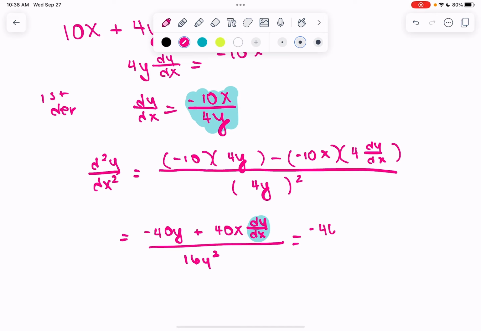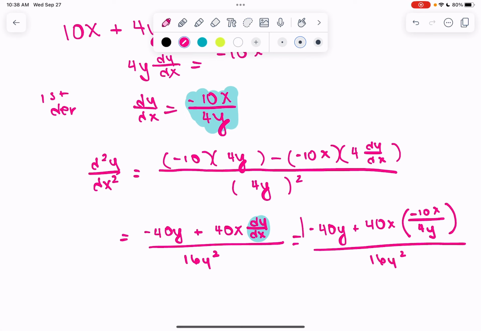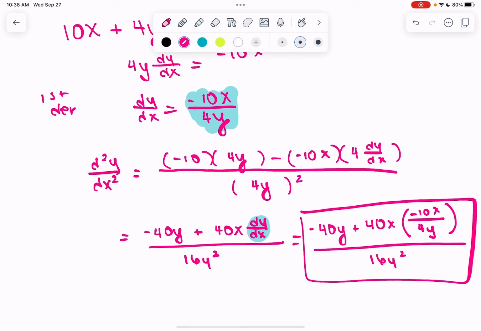So I have negative 40y plus 40x times, let's substitute, negative 10x over 4y, all over 16y squared. And there is our second derivative implicitly. You could choose to simplify it and get rid of the complex fraction, but for the sake of just focusing on the higher order derivatives and not the algebra, I'm going to leave it like that.